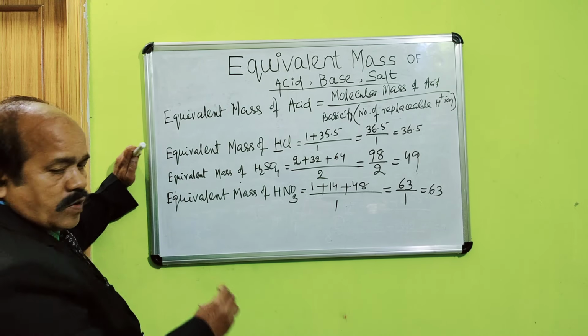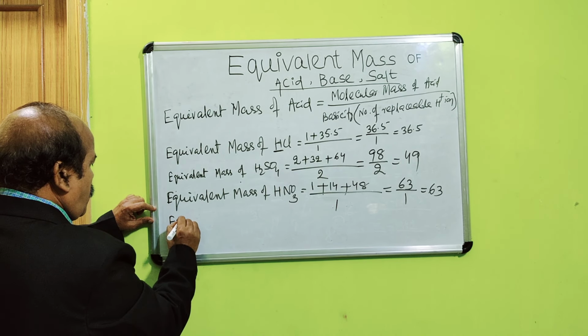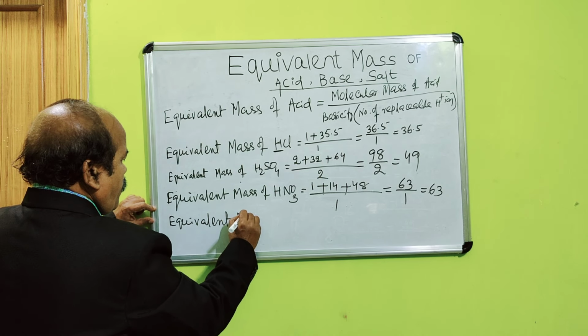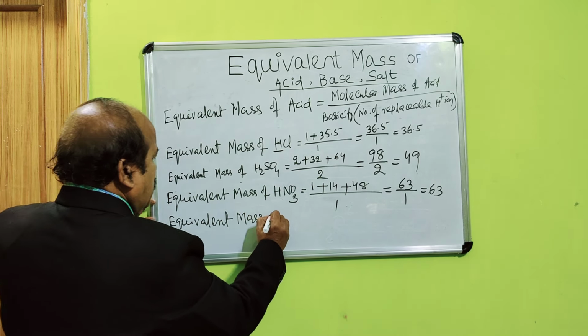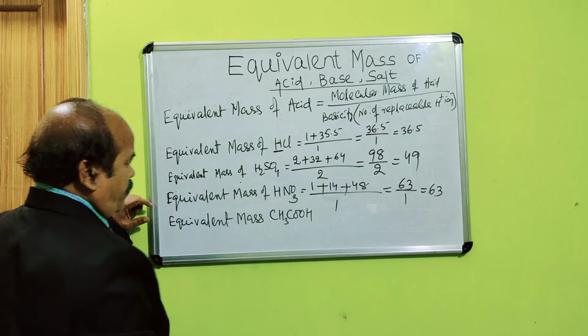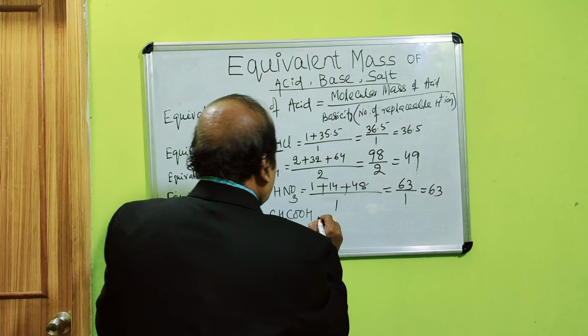Similarly, I shall find out the equivalent mass of acetic acid, CH3COOH. It is called acetic acid or ethanoic acid.